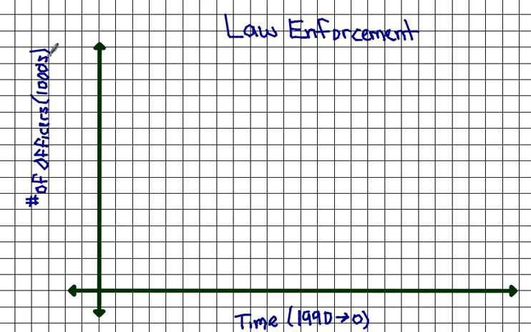So we want to go x from 0 to 15 or so. I can just go up by ones. So 1, 2, 3, 4, 5, 6, 7, 8, 9, 10, 11, 12, 13, 14, 15, 16, 17, 18, 19, 20. Okay, so we've got our scale there.